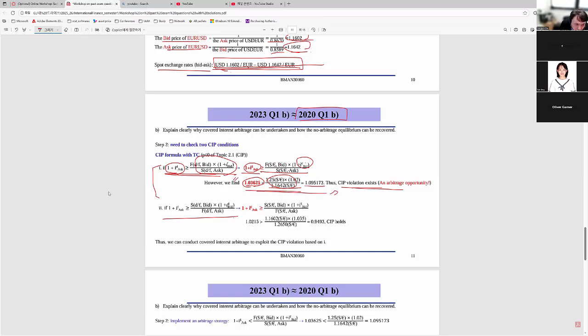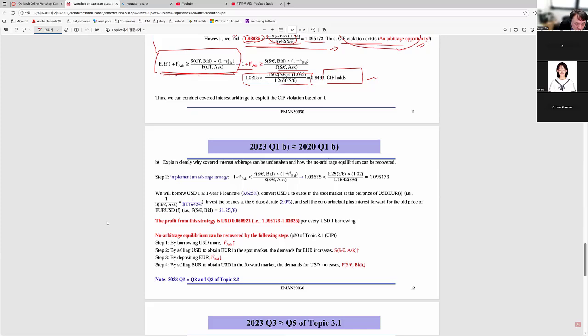This is exactly the same as 2020 question one. For the second one, if we plug in all the numbers, this inequality holds. That means there's no CIP violation, so CIP holds. So we need to implement the arbitrage strategy only based on the first condition.